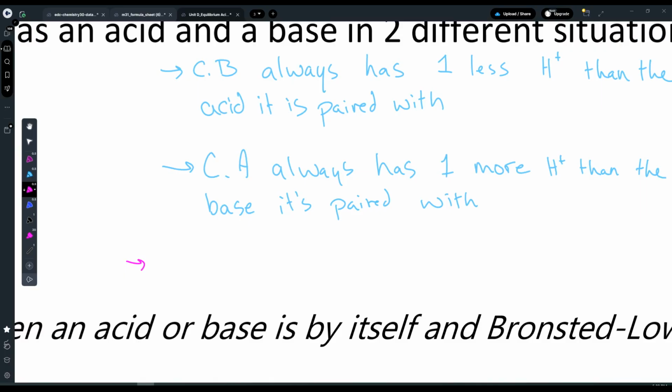So the terms acid and base, that will always be on the reactant side, whereas conjugate acid, conjugate base, those will always be on the product side.